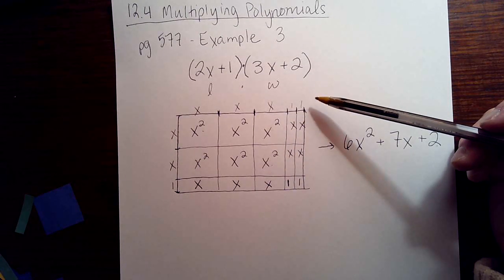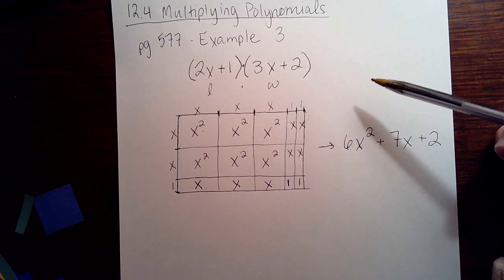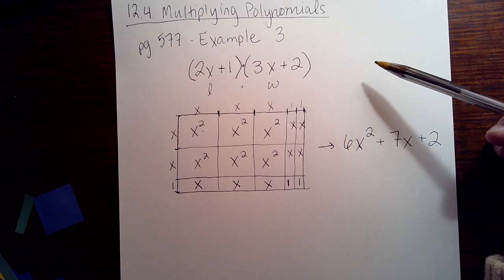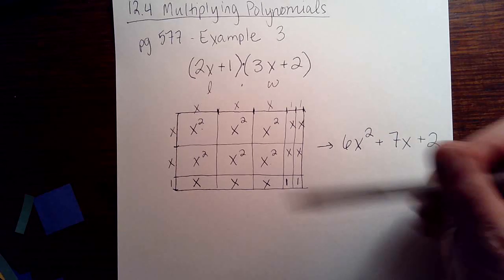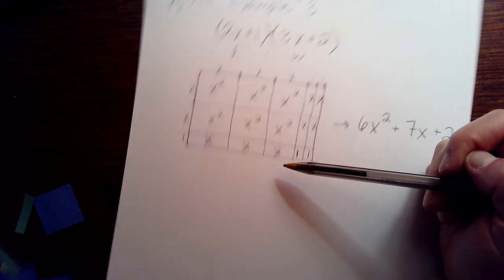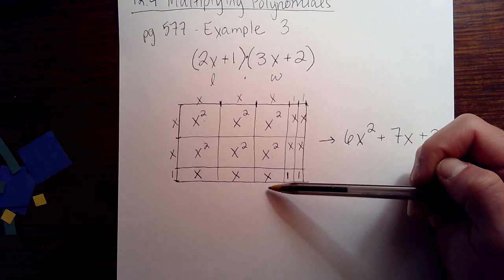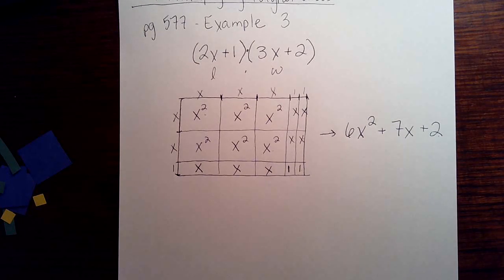But what if I had a really long or cumbersome problem? 15x plus 24 and 60x plus 30. Okay, I may not want to draw all of these boxes and add them up. There are other ways to do this, one of which is distribution. You actually distribute twice. And another one is FOIL.